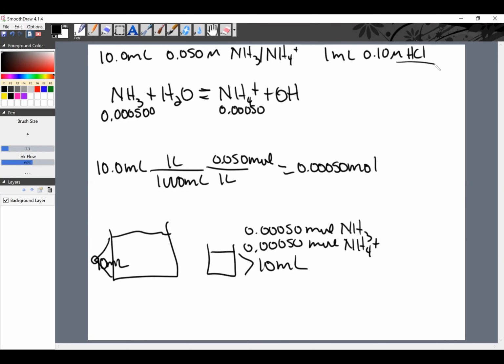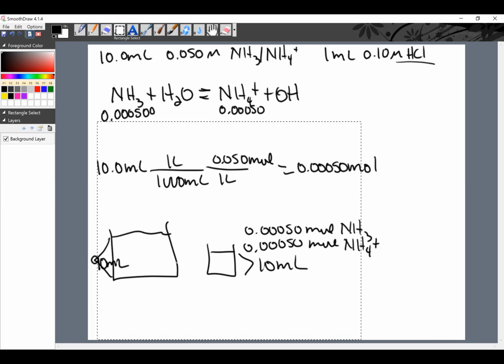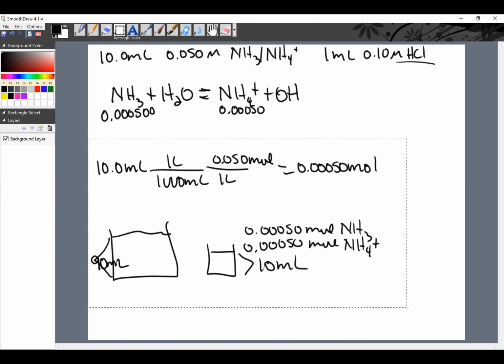Did you add something? Yes. Is it already part of the equation? No. Well, then you need to determine which piece is going to sop it up. This is a titration, but it just happens to start with an existing buffer.